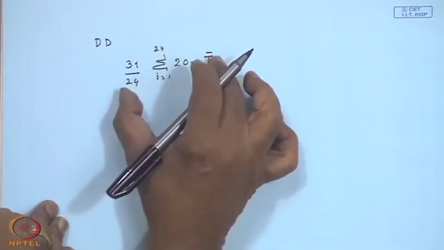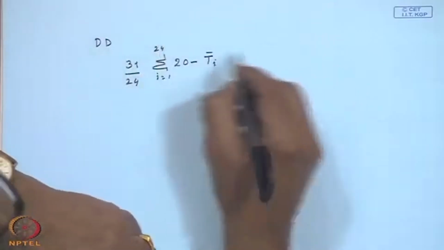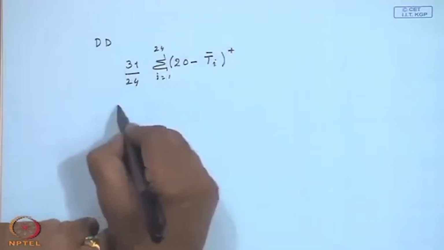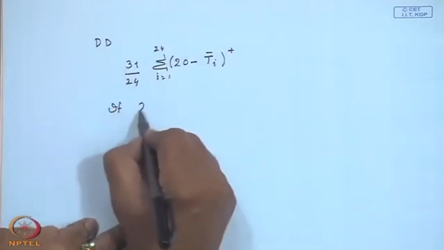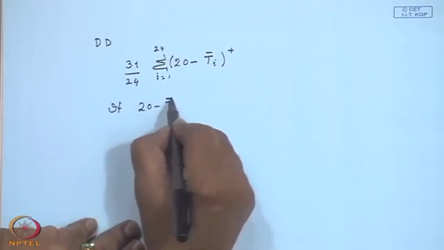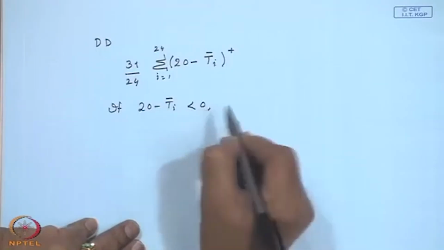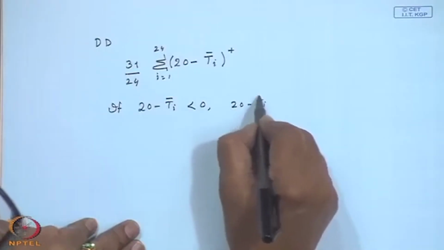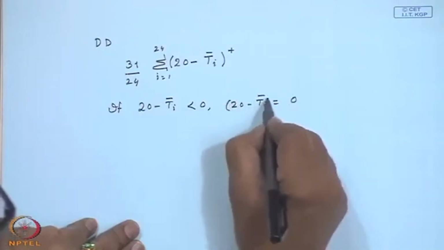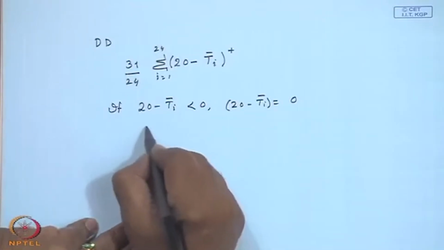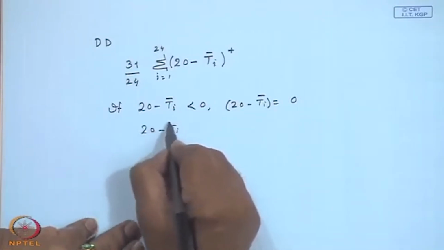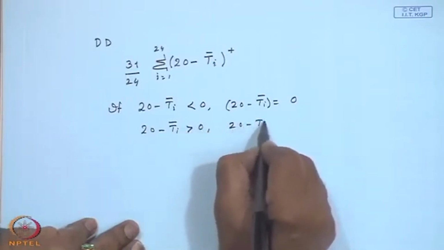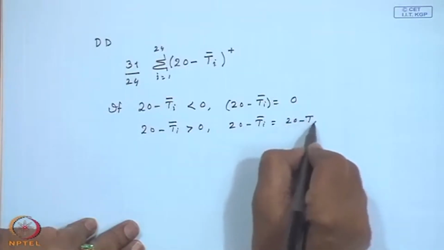In other words, this is the average day multiplied by the number of days, and to be precise, I can put a plus: if 20 minus T I bar is less than 0, that means T I bar is more, no heating is required, so 20 minus T I bar will be considered as 0, and if 20 minus T I bar is greater than 0, it equals 20 minus T I bar. Okay.